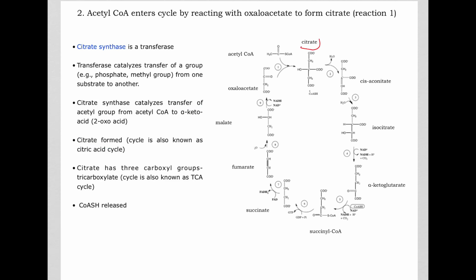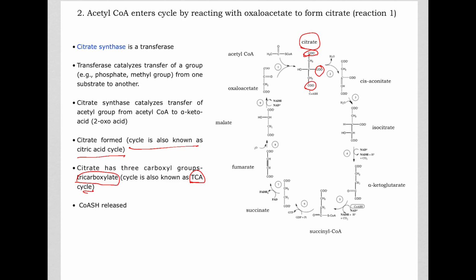Since citric acid or citrate is formed, the cycle is also known as the citric acid cycle or the citrate cycle. Now if you look at citric acid, it has 3 carboxyl groups, 1, 2, 3. That makes this a tricarboxylic acid. So the Krebs cycle is also known as the tricarboxylic acid cycle.